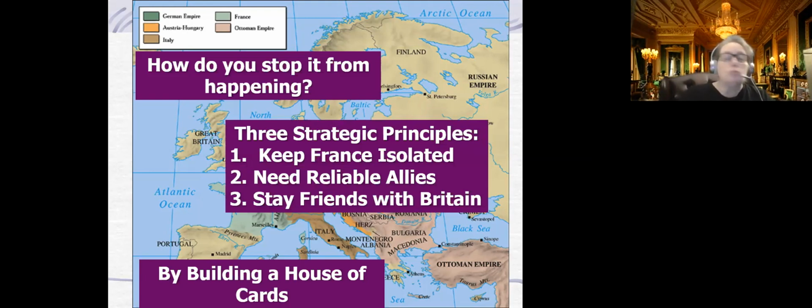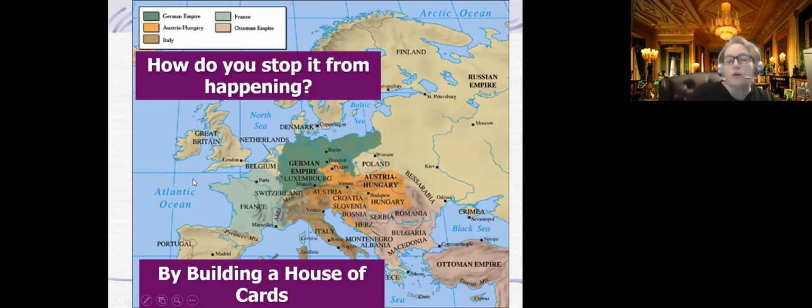Second, we need reliable allies, people who will show up for us. That's a little trickier to come by. And we need to not tick off the British. Okay, why do we need to not tick off the British? Because the British have the Navy, and the British hold this area and much of the world. They have the world's largest Navy at this point.